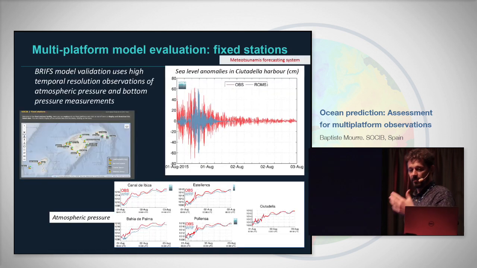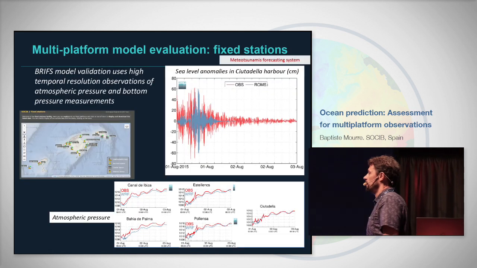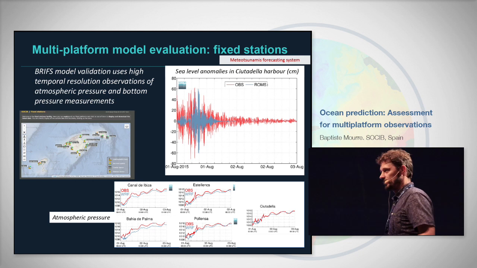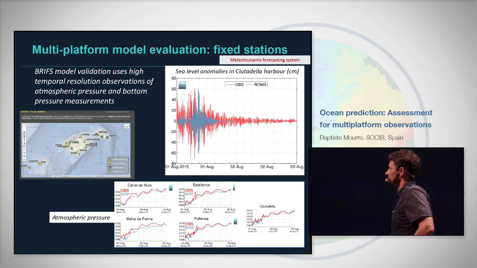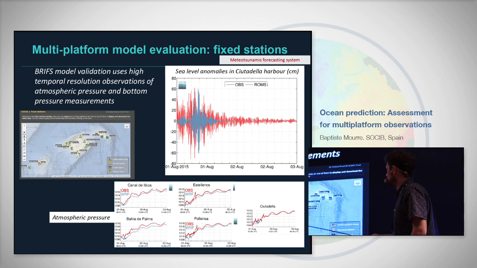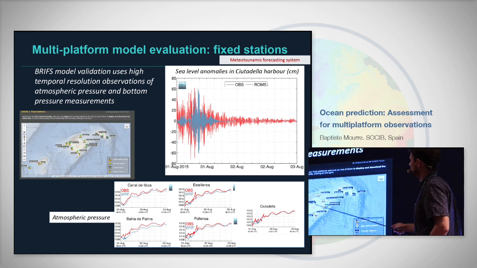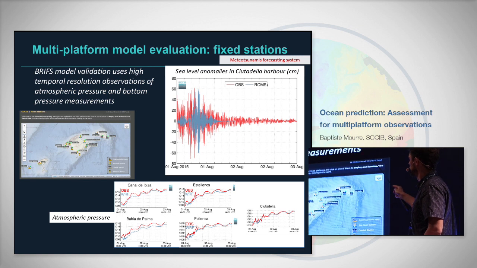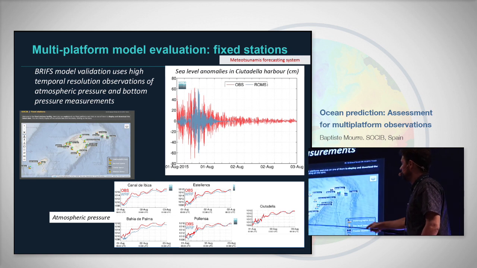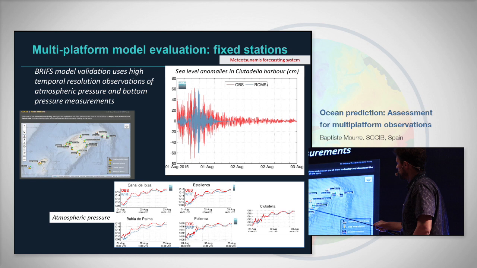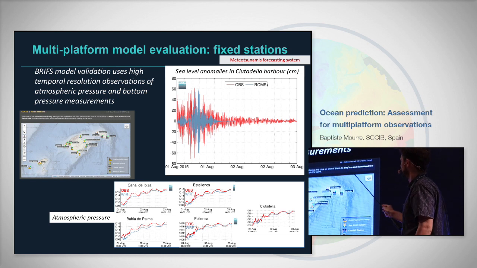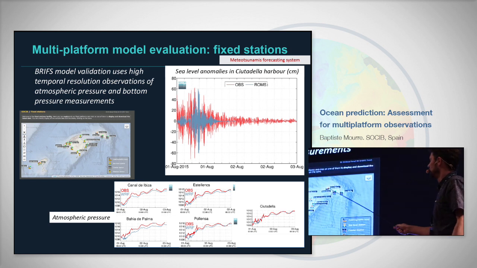And so for the validation, we really need very high resolution from the fixed station to see if we really have this oscillation. For this, we have a network of fixed stations here, measuring the atmospheric pressure over the different islands, to also allow us to characterize the propagation and the evolution of these perturbations, and the sea level with the bottom pressure sensor here in Ciutadella.